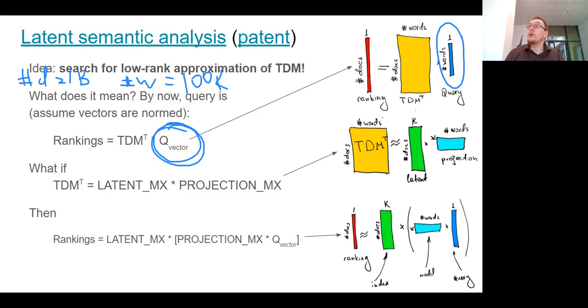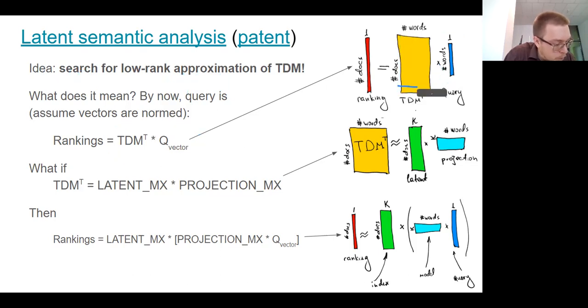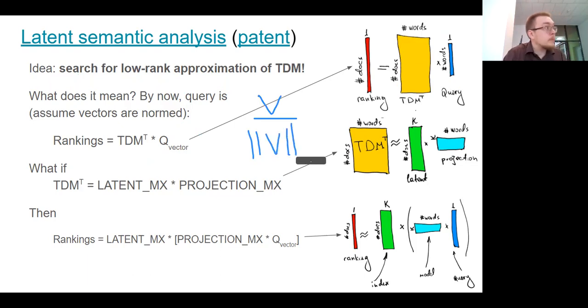What if the term document matrix, in our case it will be DTM, document term matrix, so it's transposed, has all the rows corresponding to documents normed? So before we do any operations, we divide them by the norm, so they store the values of the vector divided by the norm.